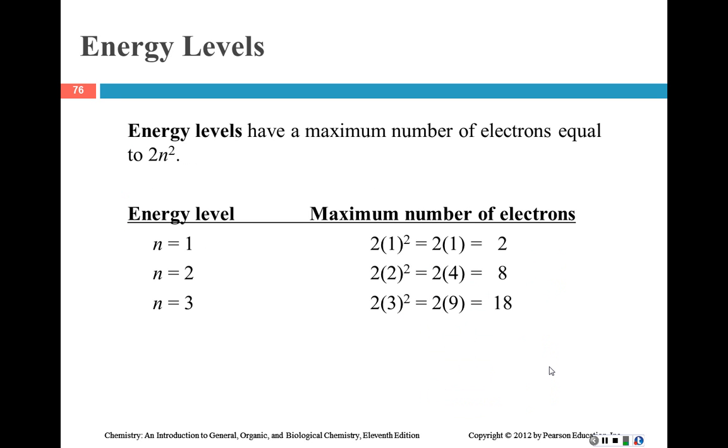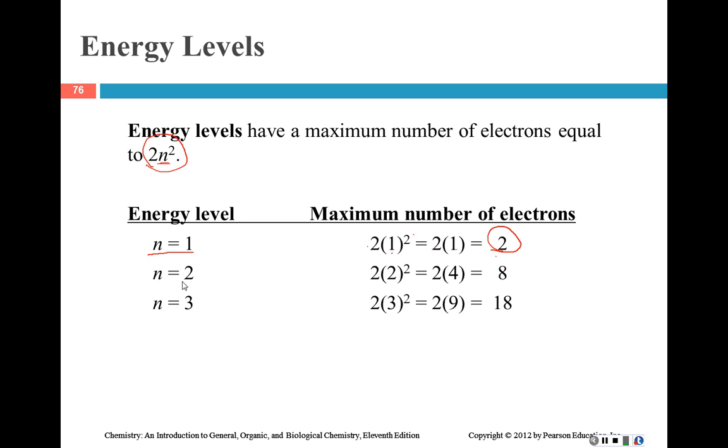Energy levels have a maximum number of electrons, and the way you know that number is it's 2 times the energy level squared. So if you have energy level 1, you have 2 times 1 squared. 1 squared is 1, so 2 times 1 is 2. So the maximum number of electrons you can have in the first energy level is 2.